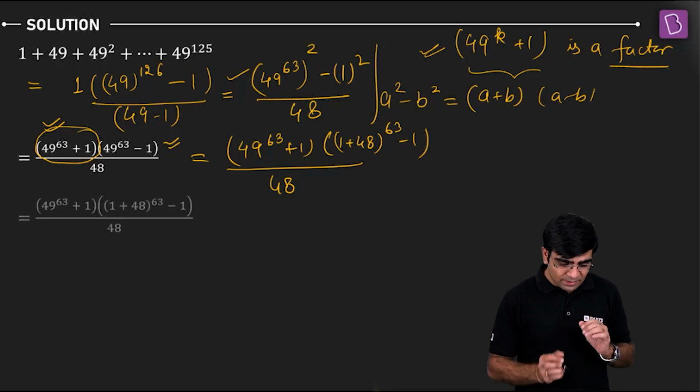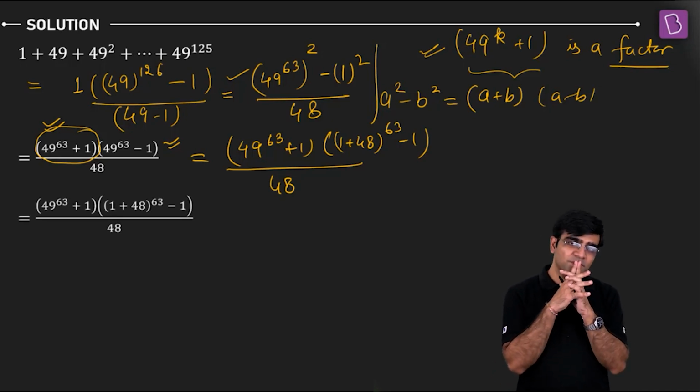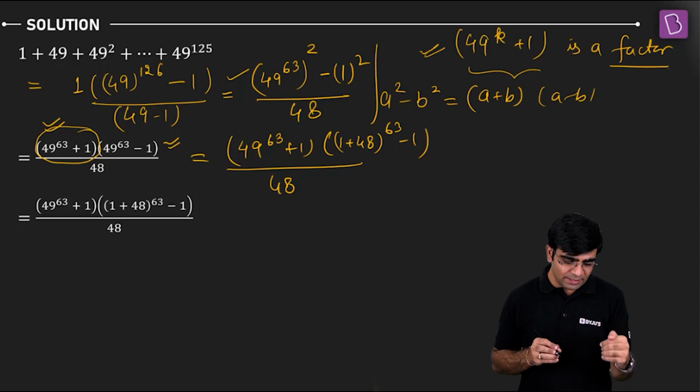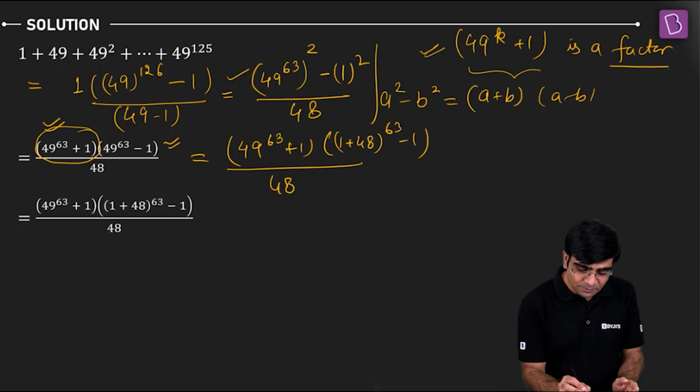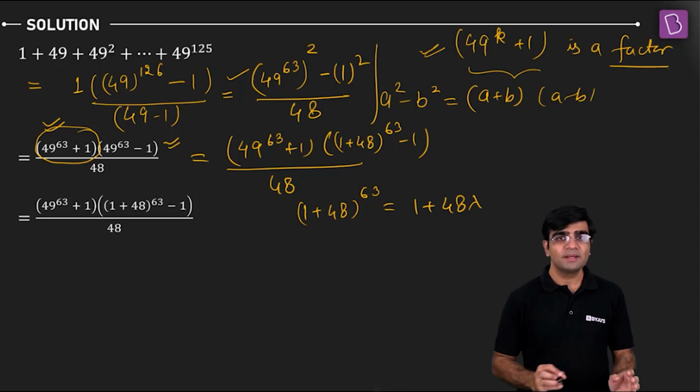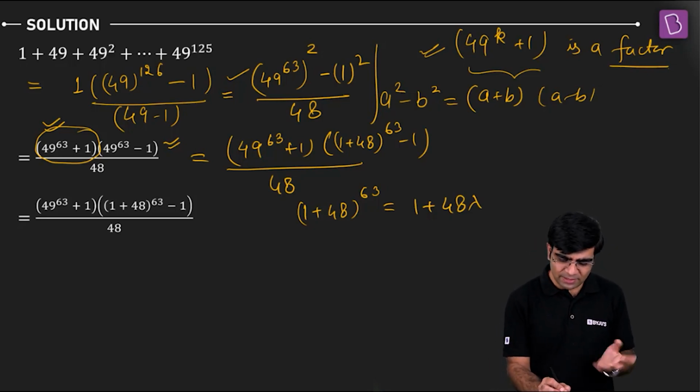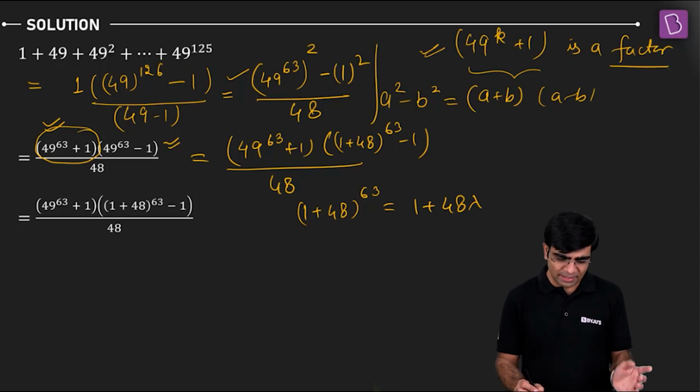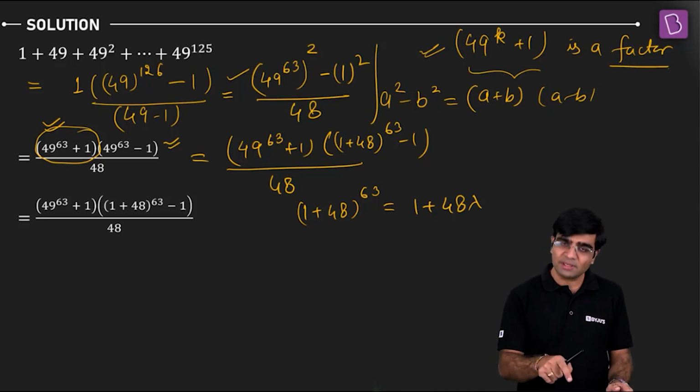Now, the moment you have reached this situation, you know (1 + 48)^63. With the help of the binomial theorem, we can easily figure it out. This is nothing but 1 + 48 lambda, where lambda is nothing but an integer. k is already there, so I cannot use it; I'm using lambda.